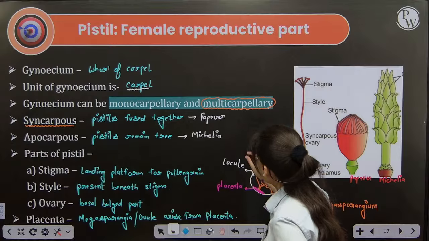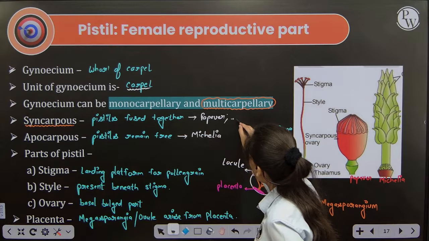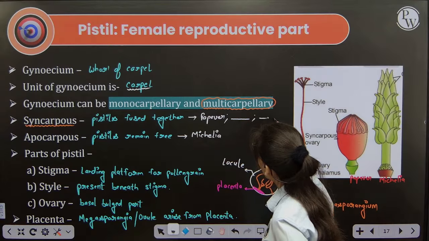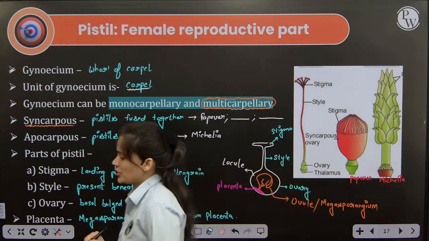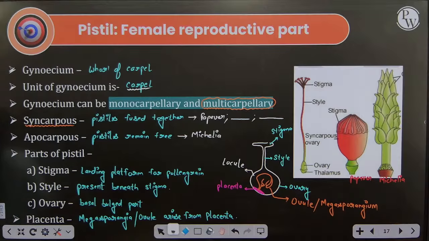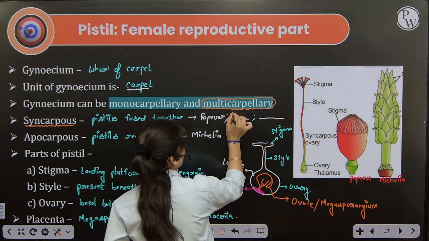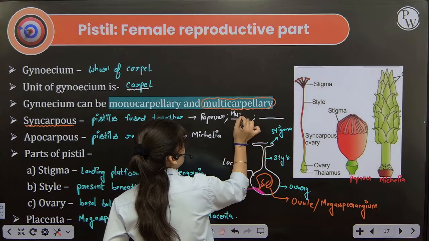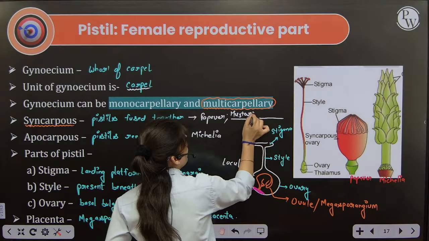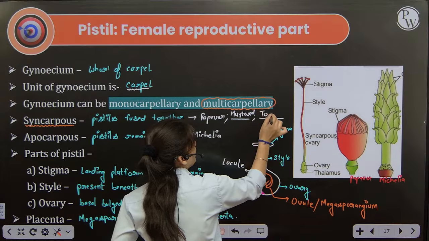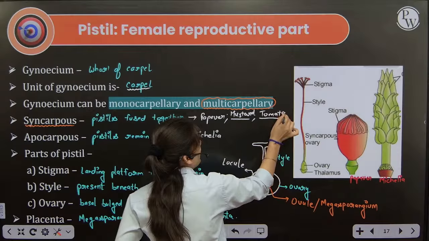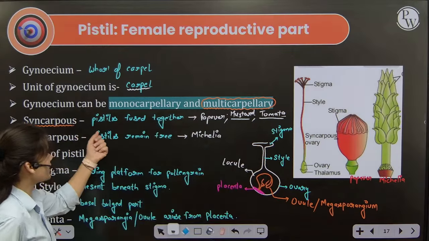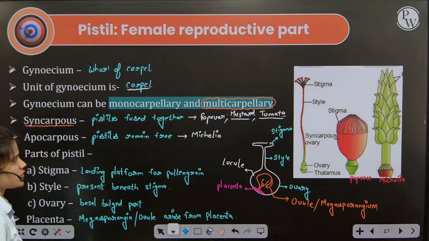Now, can you please tell me two more examples of syncarpous condition from the chapter Morphology of Flowering Plants? Mustard and tomato. They are also examples of syncarpous, in which pistils are fused together.